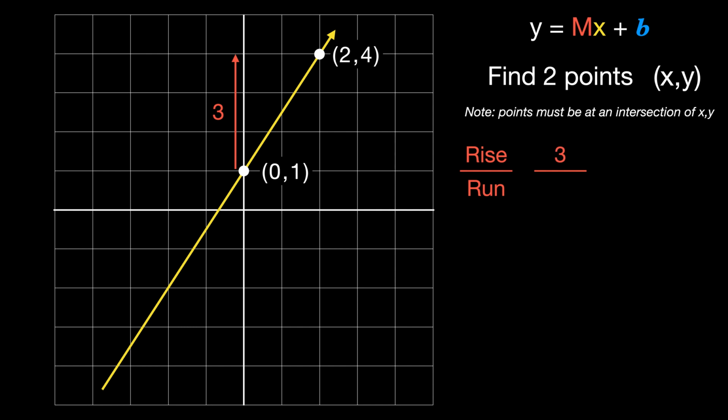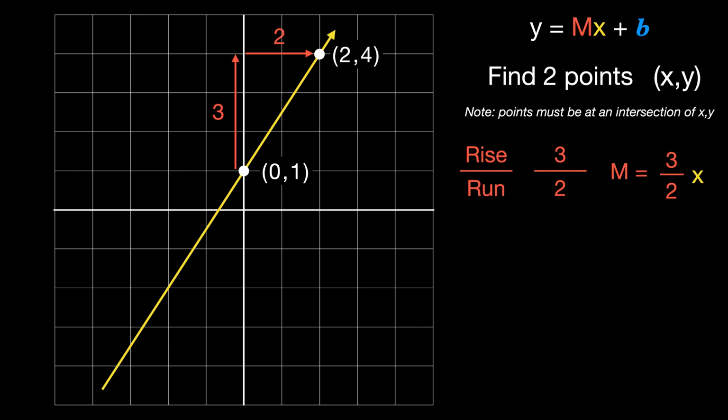So our rise is 3. And our run, which moves left to right, goes over 1, 2. So our run is 2. So that's our slope right there. We already found the slope. So the slope is m equals 3 over 2 x. And that's a positive 3 over 2 x. The next example will be a negative slope, but that is a positive slope.